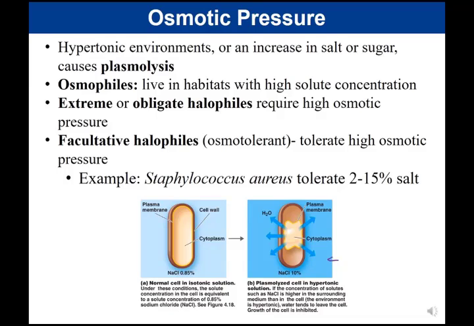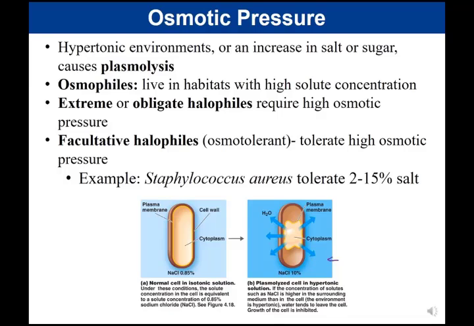Osmophiles live in habitats with high solute concentrations. If we call an organism an extreme or obligate halophile, that means that they actually require high osmotic pressure. So not only do they tolerate it, but they actually require it. They need a high solute concentration in order to grow.